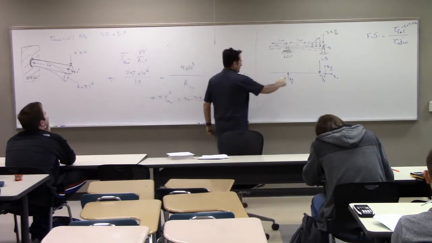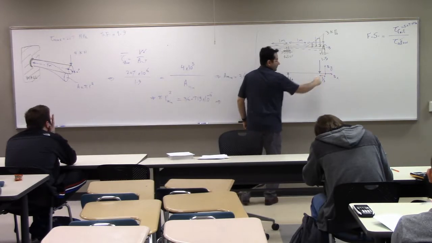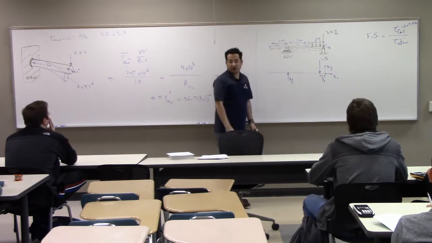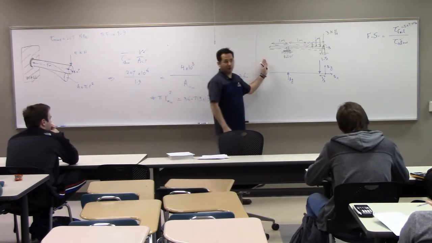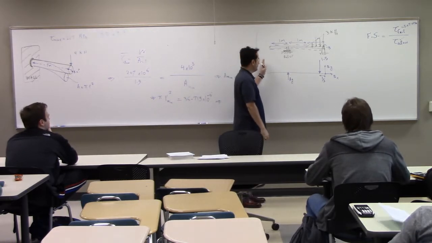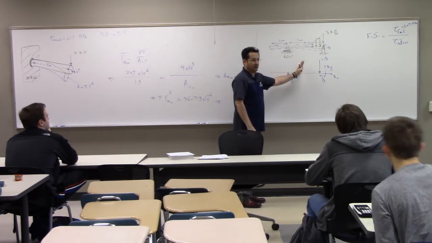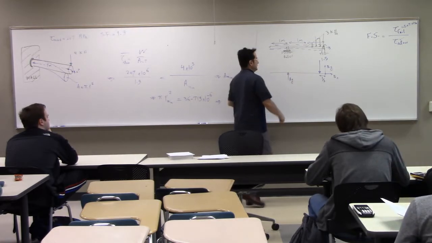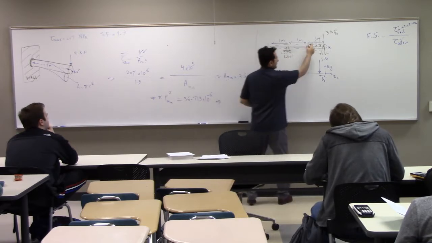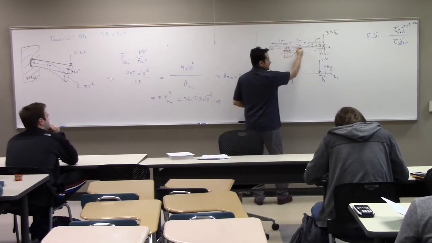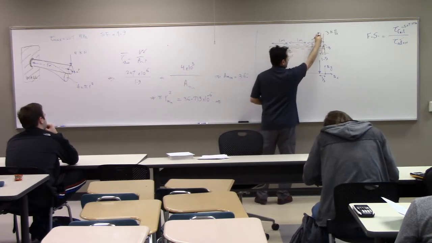Now, I want to solve for this guy. If I want to draw my shear diagram, which way do you want to go? Let's say I want to go from left to right. So probably what I would need is only AY, and a part of AY from here to here, and then after that, a part of that.